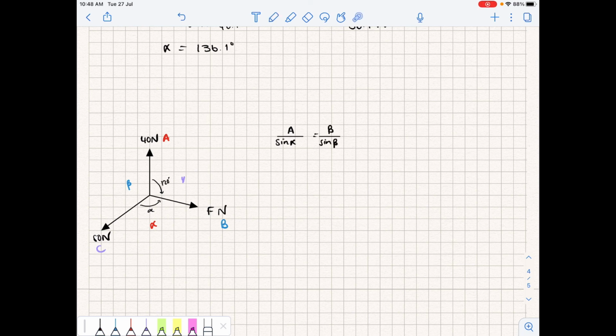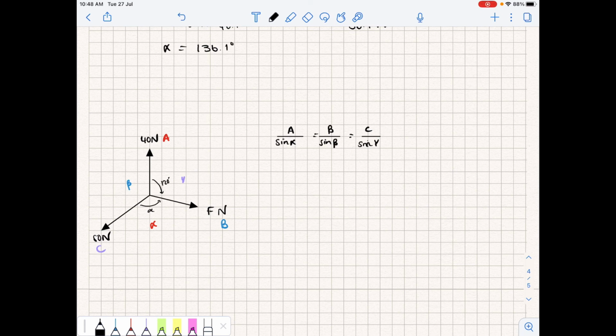So again, we are comparing alpha and the angle opposite from that force, and beta and the angle opposite that force. And we can say the same thing about the final vector, so C over sine gamma. That's Lami's theorem, and now we can use that to solve the problem.